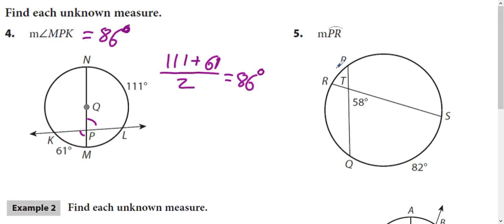Here we're trying to determine the arc PR. The only formula that we can apply is that the angle is the two arcs added up and divided by 2. 82 plus X divided by 2. So to solve that, we're going to multiply by 2. We get 116.